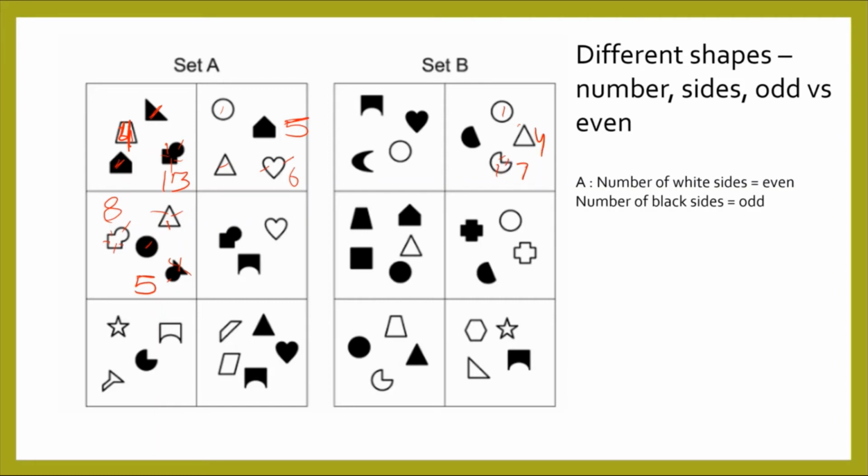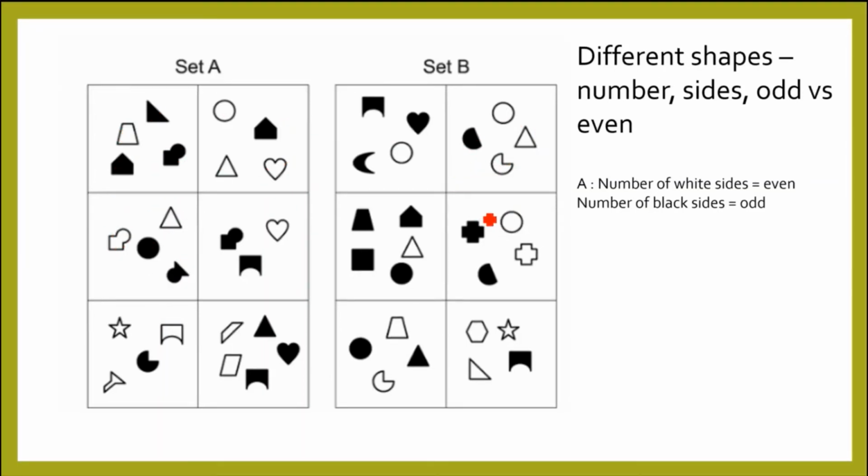So we have 7 white sides, and we have 2 black sides. Let's see if this rule carries on. If we look at this shape, we have 12 sides and 2 there, so there's 14 black. And we have 1 circle there, 12 from the star, so that will be 13.